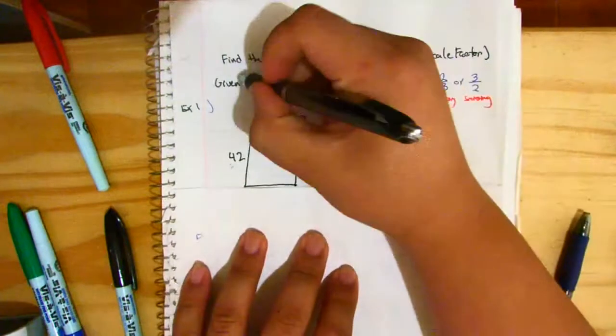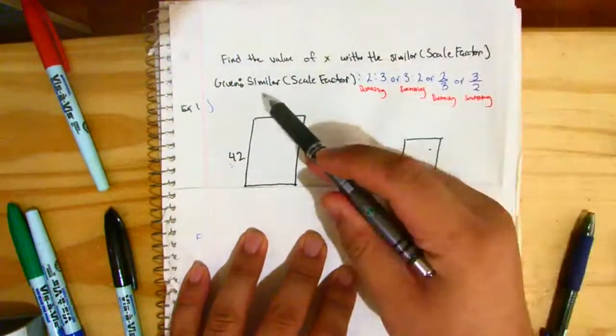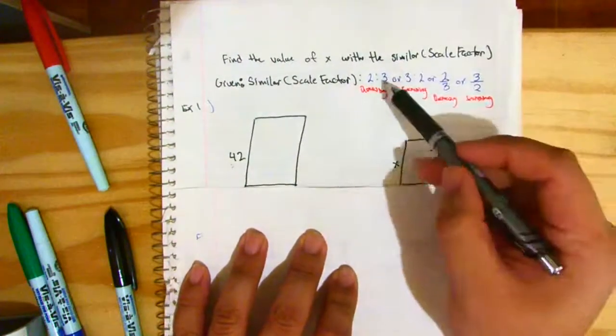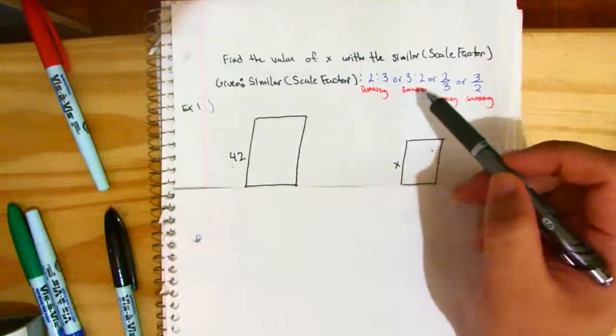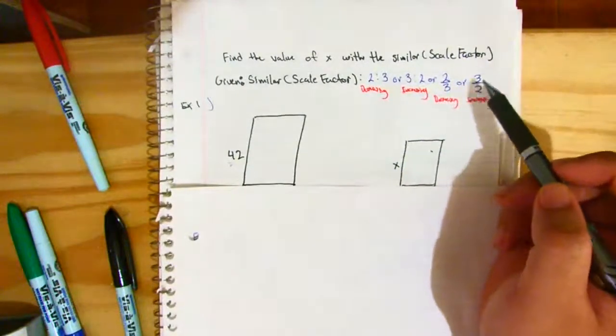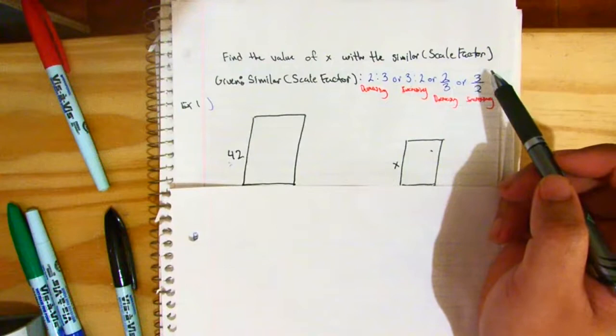The given here is the similar scale factor, which is 2 over 3, or you can write it as 3 over 2.